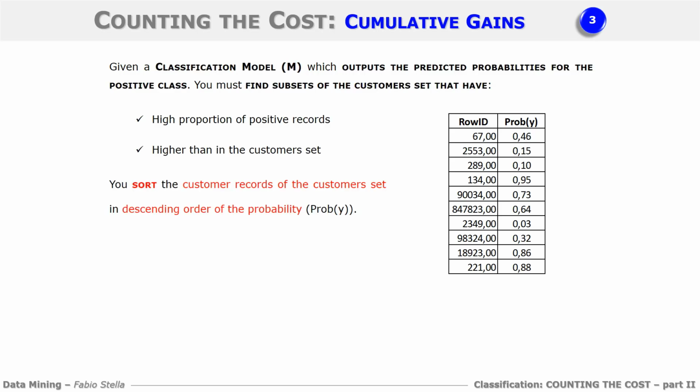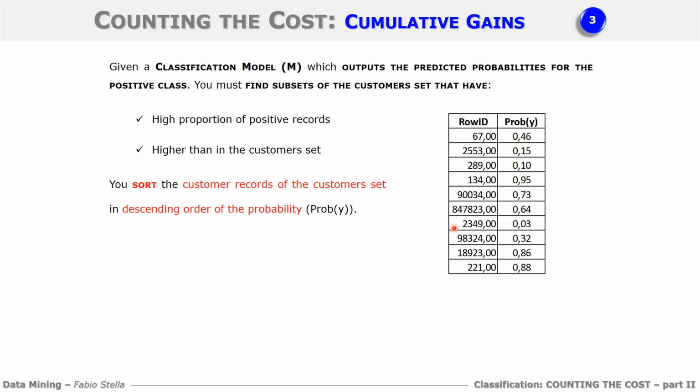The second step you apply is to sort the customer records of the customer set in descending order of the probability prob y, so the probability estimated by the classification model capital M that each of these customers is a churner.